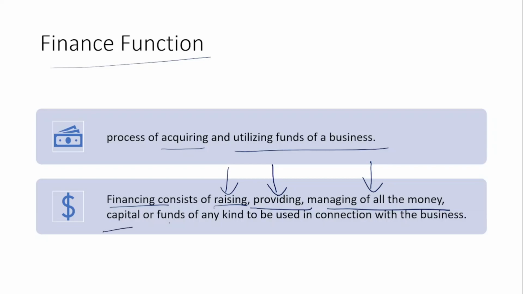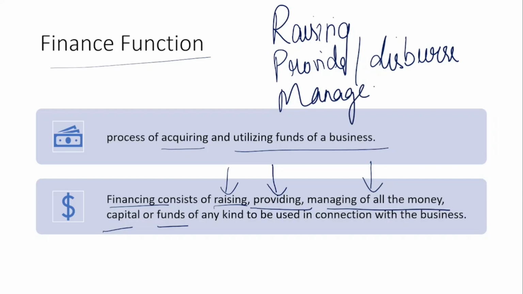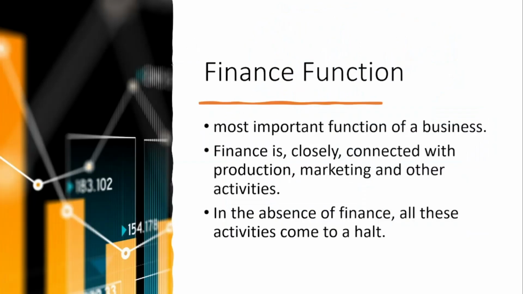So the first one is raising: as per the requirement, you need to raise the money. Second, you need to provide the money, or you can even call it disbursement of money. The third one is you need to manage the money. All these things are in the finance function.